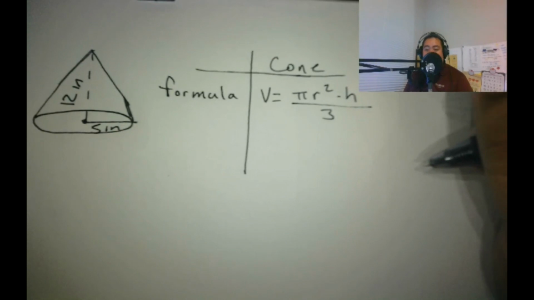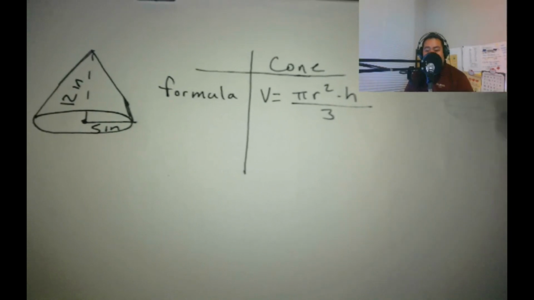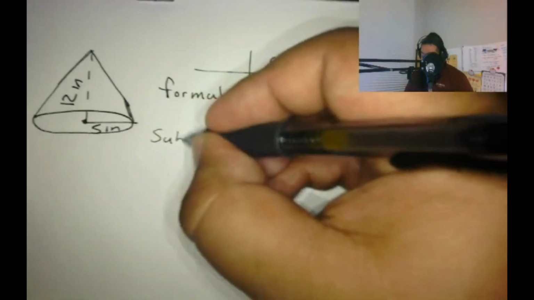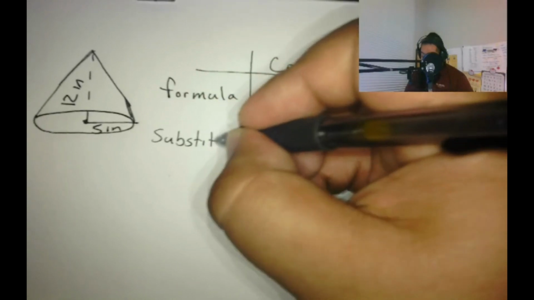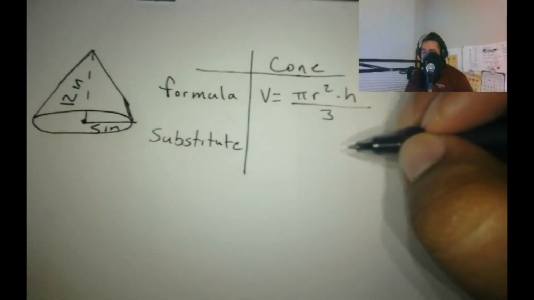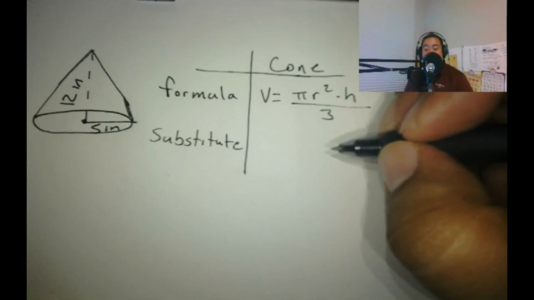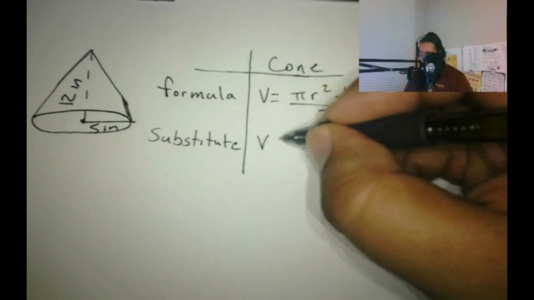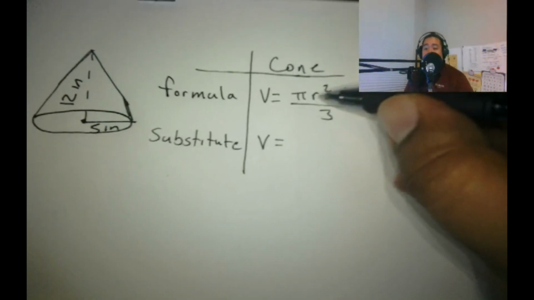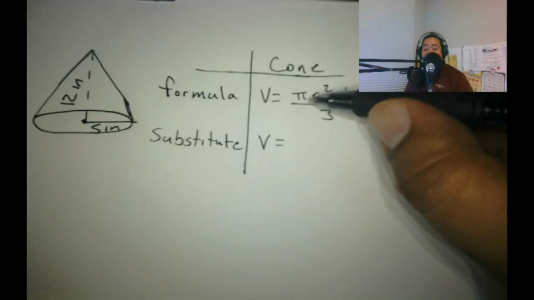Now my next step after I write my formula is to substitute. In this problem I'm looking for a volume, so the V is going to stay the same. Instead of pi in all of my examples, I'm using just 3 to represent pi.